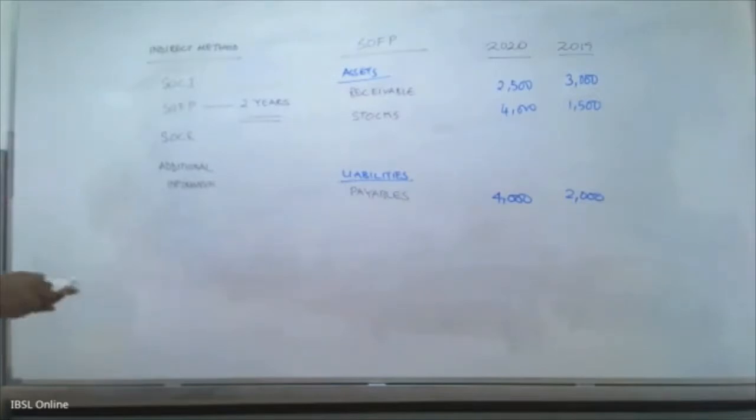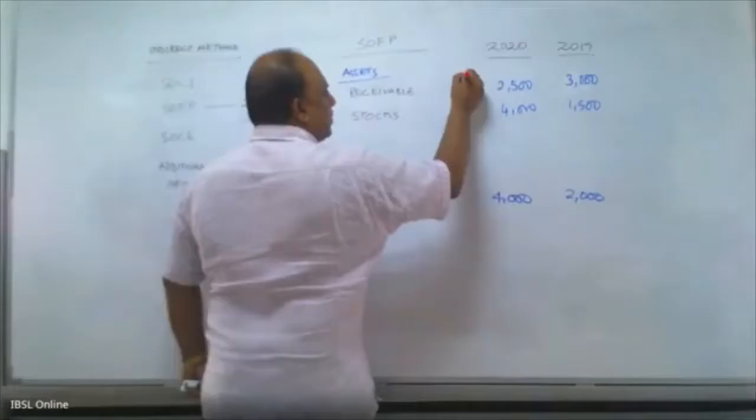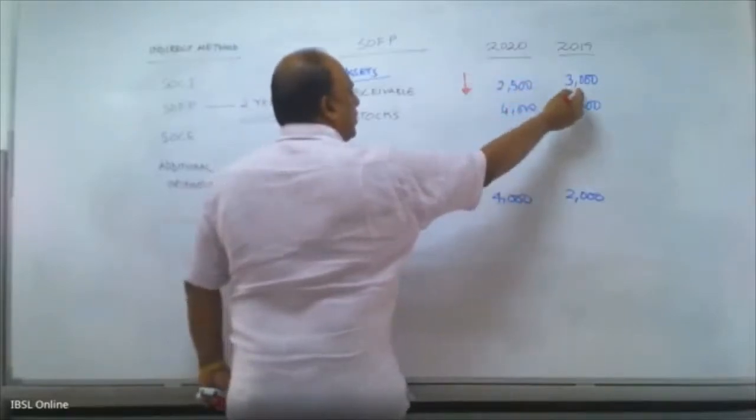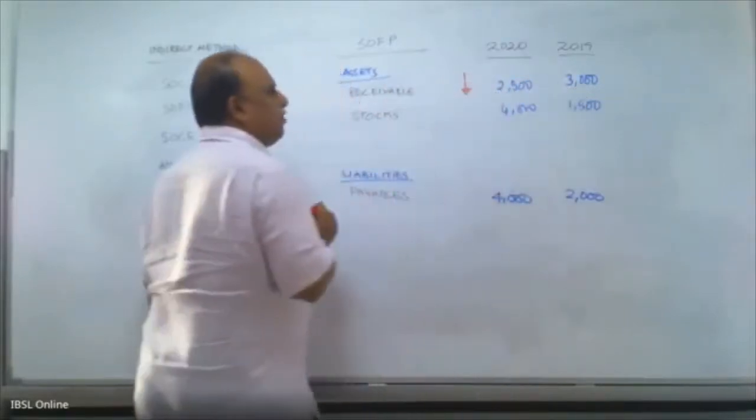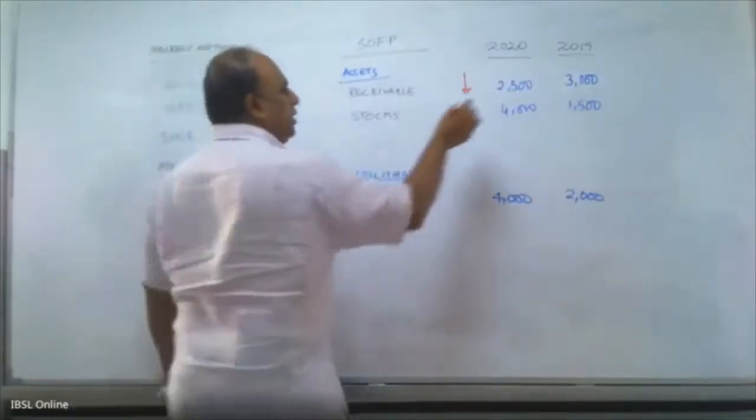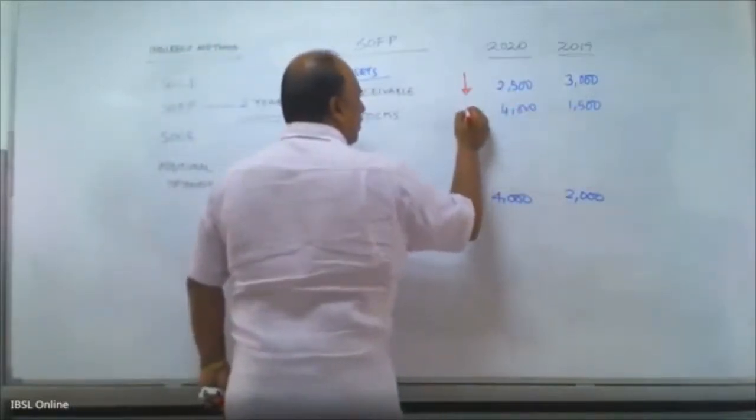Now, when you look at the numbers, what can you say about these numbers? Obviously, 2020 has more liabilities, and your asset position has come down here. Do you agree? Last year you had 3, this year it's 2.5. Here you had 1.5, here 4, it has gone up.